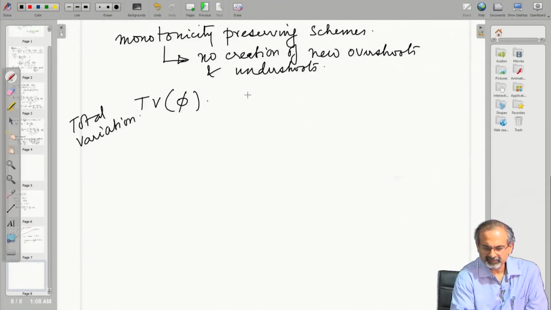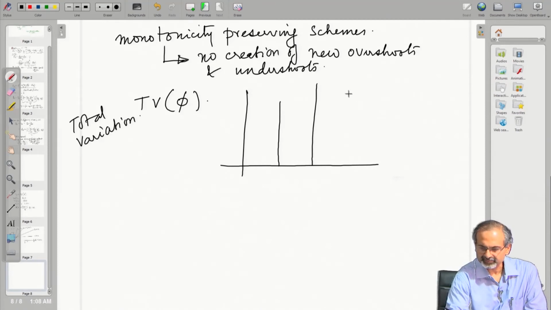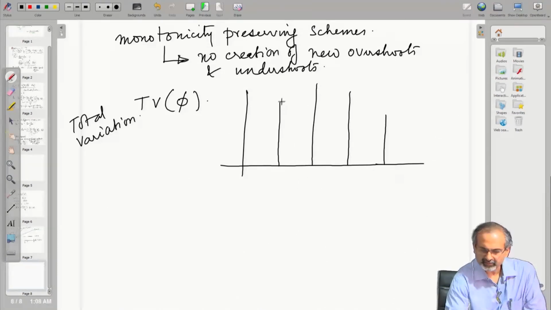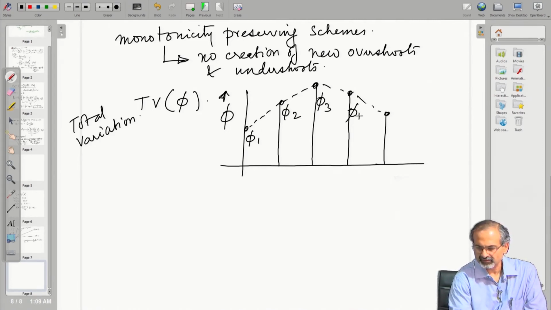What does that mean? If I have a variable phi whose values are indicated this way at different discrete points, and these are the values of the variable phi for those points at a certain instant of time. Let us mark these values as phi 1 to phi 5, let us say.